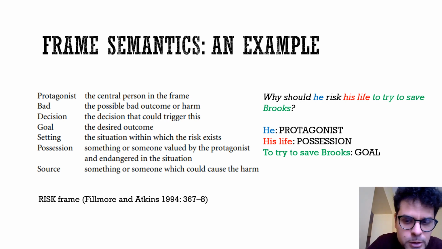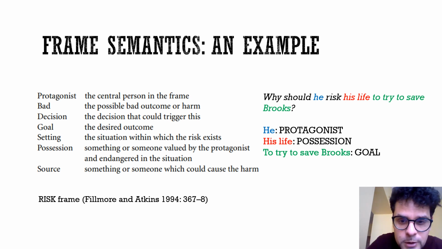Now, of course, we know that we can analyze it in different ways. We can analyze it syntactically, we can analyze it semantically, by saying that these words belong to this or that semantic domain and so on. However, with frame semantics, we try to subsume the whole sentence into just one frame, which is the frame of risk.